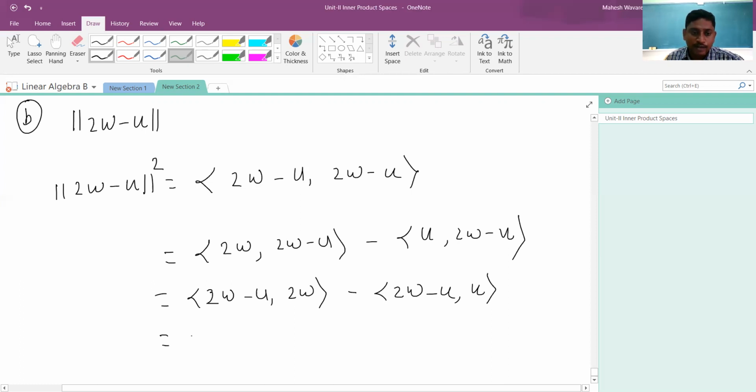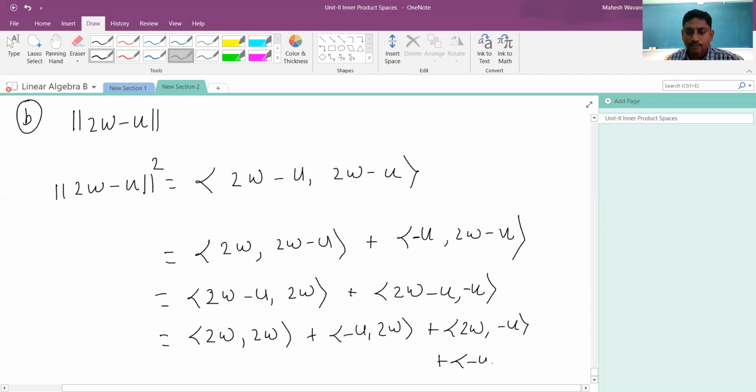And again, apply the additivity axiom: 2w comma 2w plus minus u comma 2w. Don't take the minus out here, just keep the minus over here. It will make no change, but keep it for the practice. Plus minus u comma minus u.